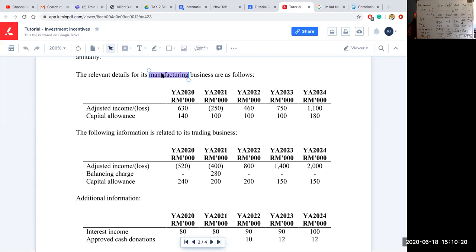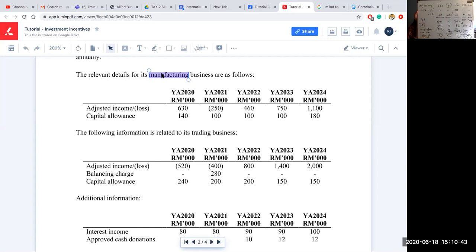But after your exempt income level, maybe you want to leave 2 lines. Make it so that you can differentiate between your exempt income dengan your non-pioneer business income. So I suggest you leave 2 lines, then only you start non-pioneer business. So adjusted income from non-pioneer, then you put in horizontally.